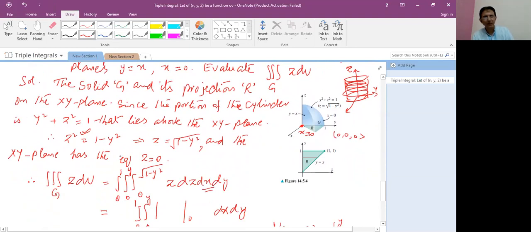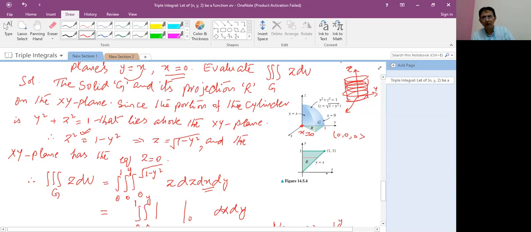It means x starts at 0, and x is equal to y. X is equal to y means on the x-axis, y is present. So this part is called the rectangular region. When y is equal to x, x is formed when y is increasing from this point to this point.